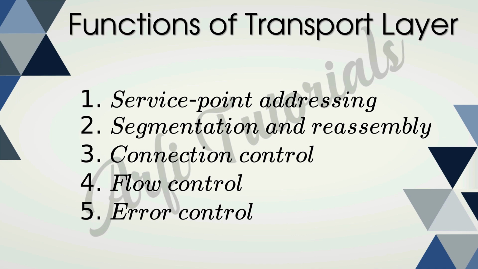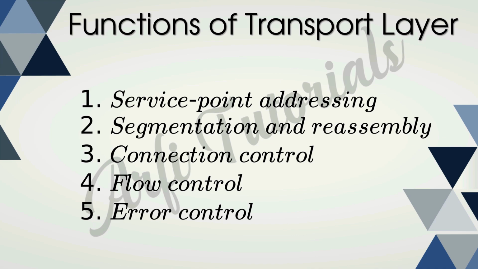The transport layer adds a header that contains the address known as the service point address or port address. The responsibility of the network layer is to transmit the data from one computer to another computer, and the responsibility of the transport layer is to transmit the message to the correct process.